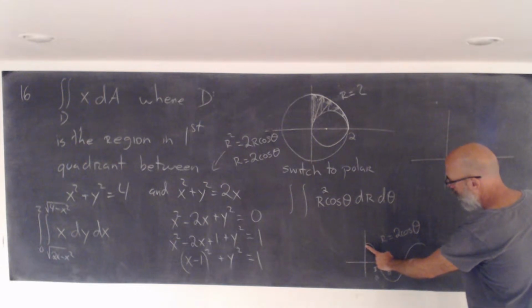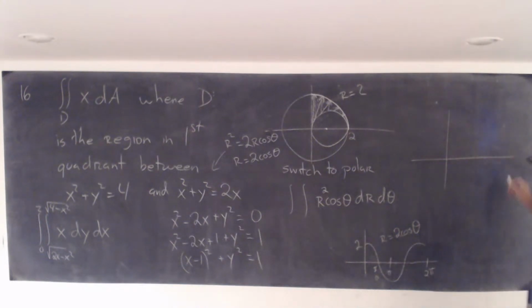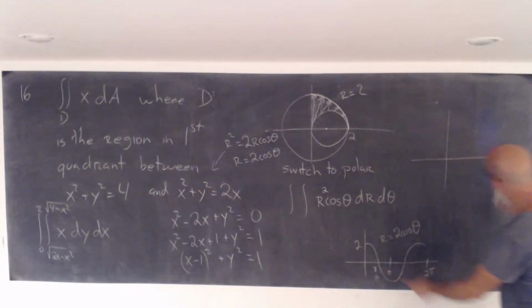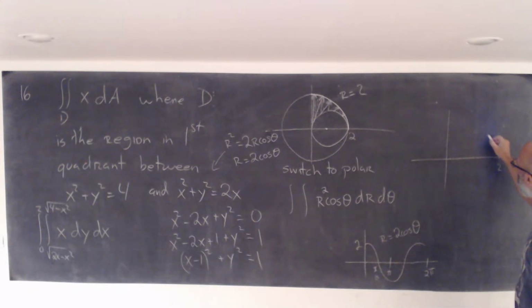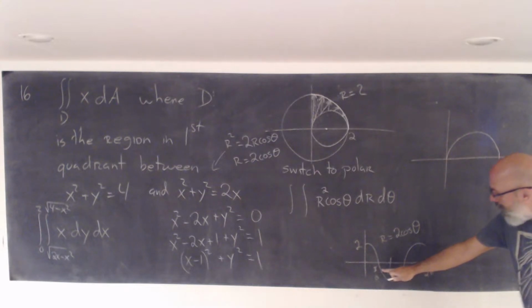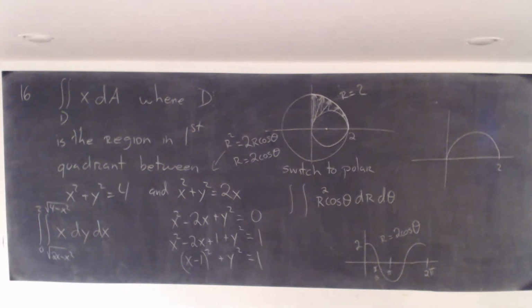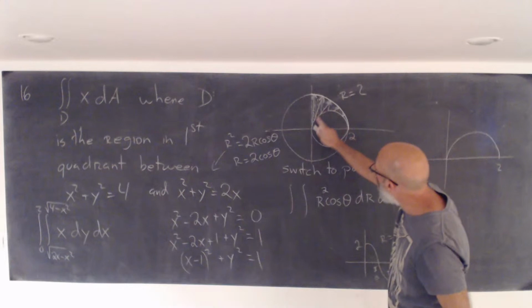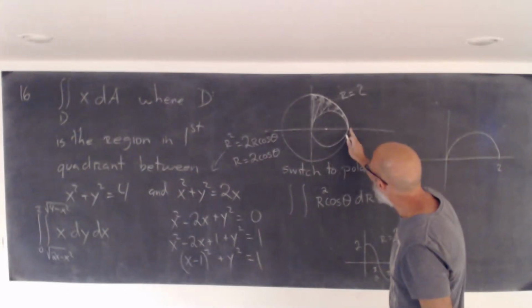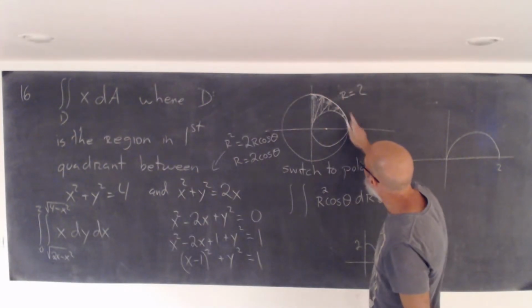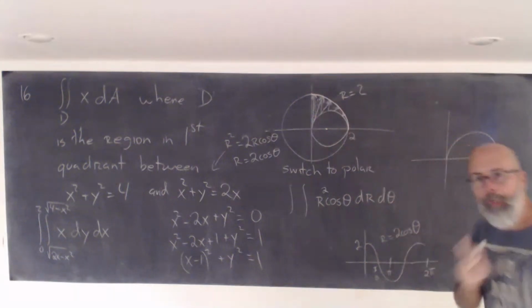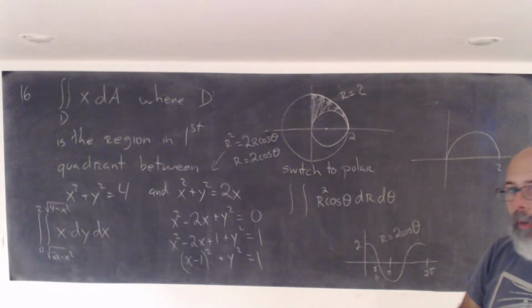R starts at 2 and goes all the way down to 0 at pi over 2. So you've realized half the circle in 0 to pi over 2, whereas this quarter is realized in 0 to pi over 4. So you want to be careful.